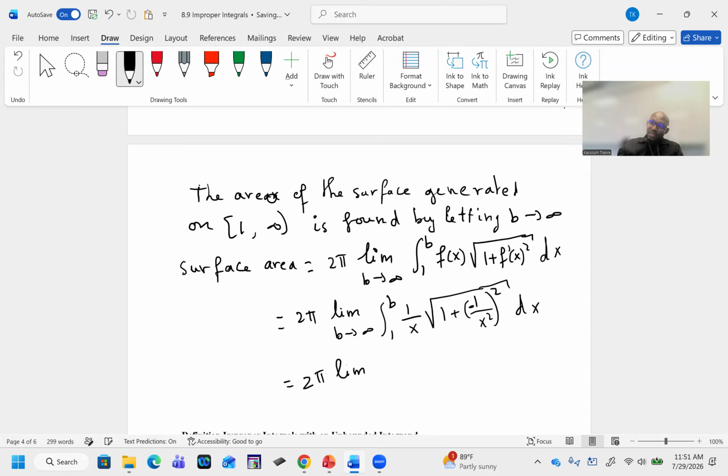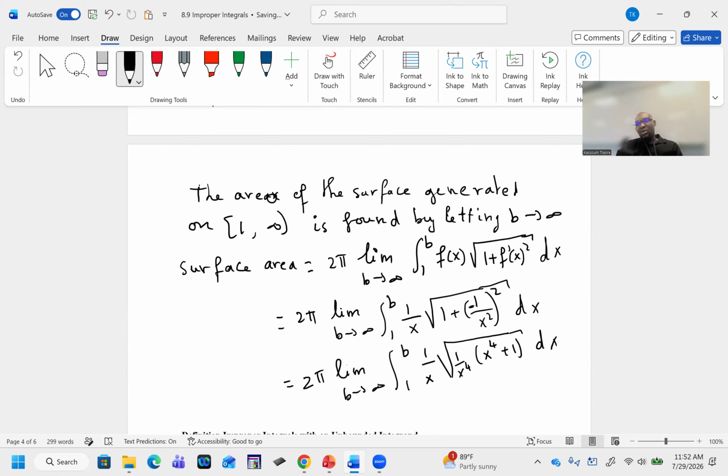What I mean is, this will give me 1 divided by x to the power of 4. If I factor x to the power of 4, what I will have is x to the power of 4 plus 1, dx.